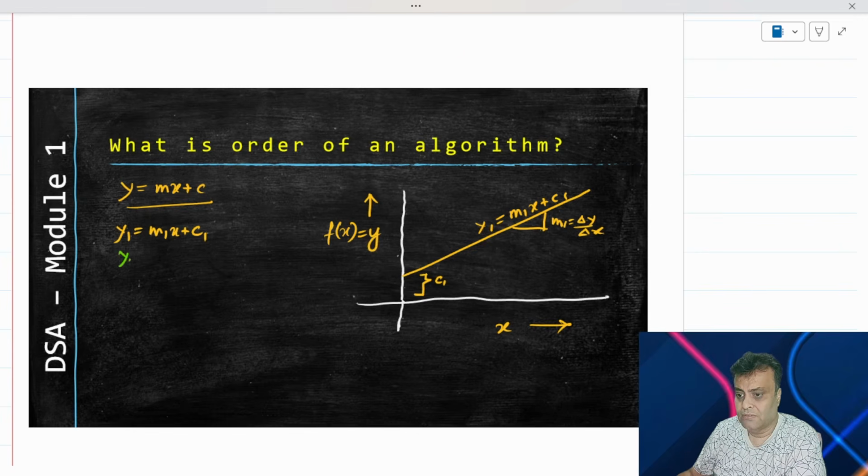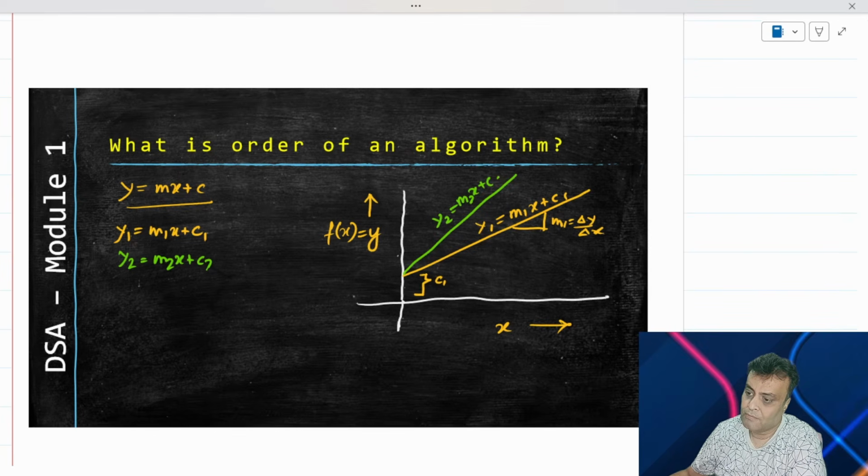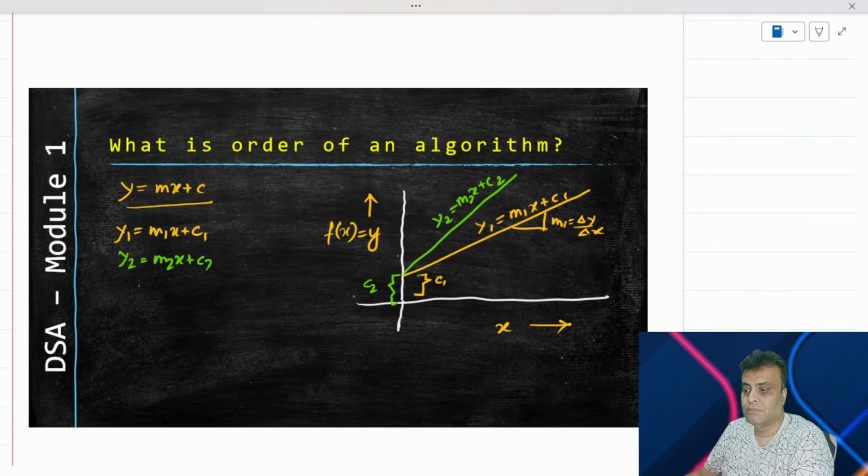If we have another curve which is y equal to m2x plus c2, then that curve, provided m2 is more than m1, will look like this, right? And this will be, let's say, c2 for that particular curve.